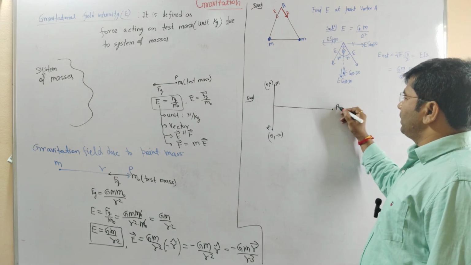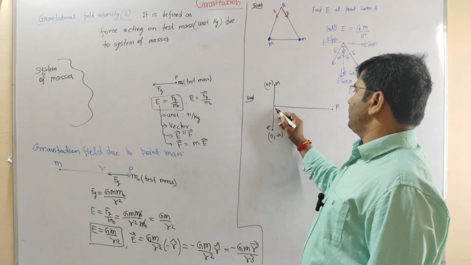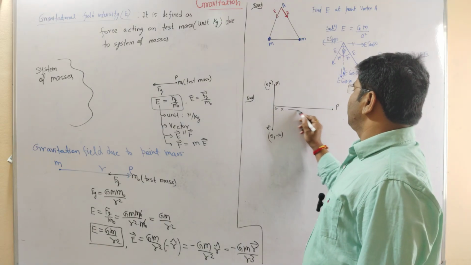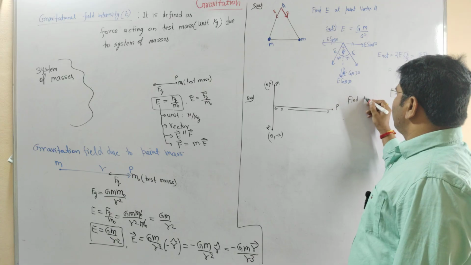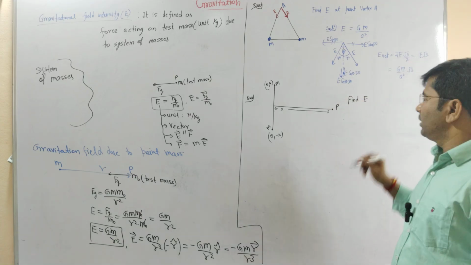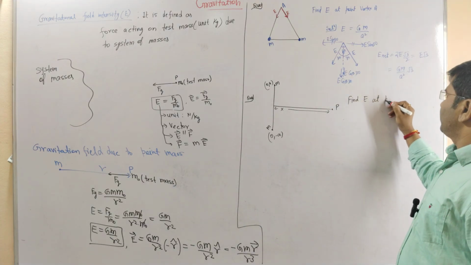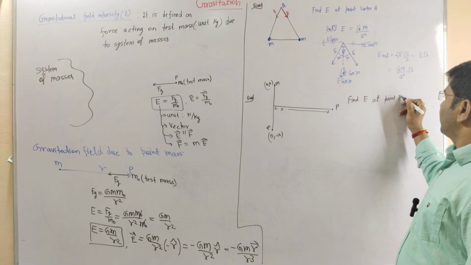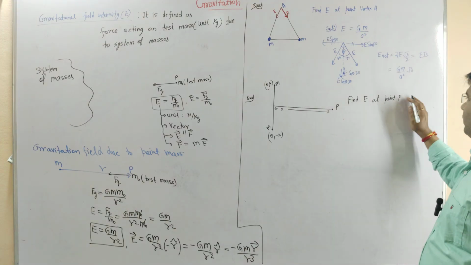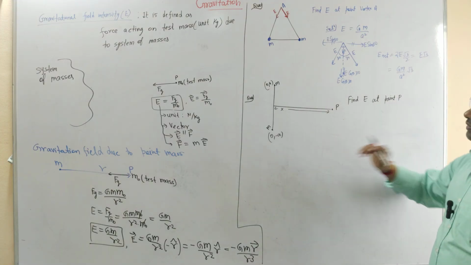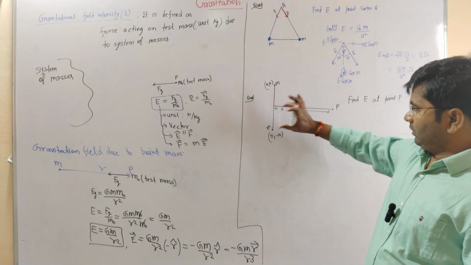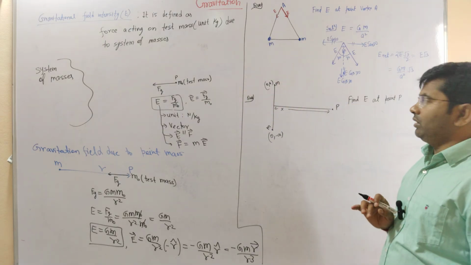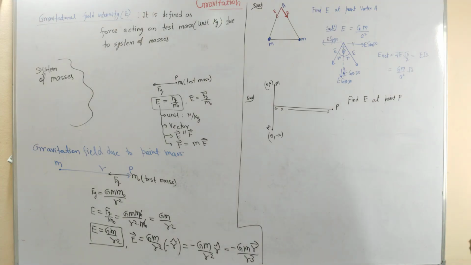Let's take this is a point P and this distance is given here x, this distance is given here x. So find the gravitational field E at point P, as shown in the figure. The question is as shown in the figure, m, distance a, this is a, x distance, point P. We have to find out the gravitational field at point P.